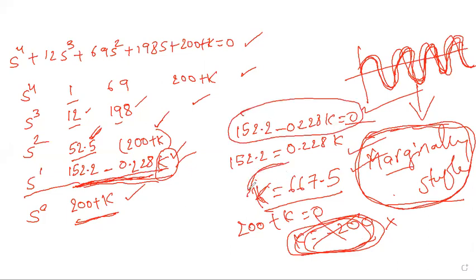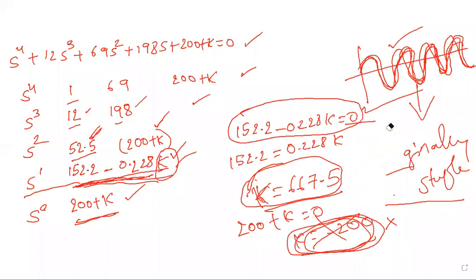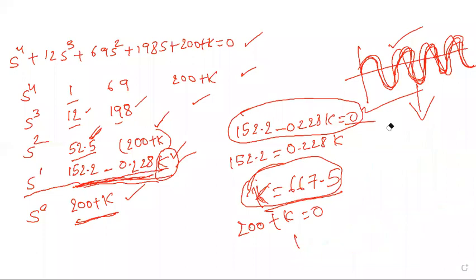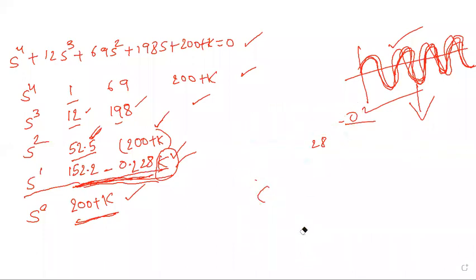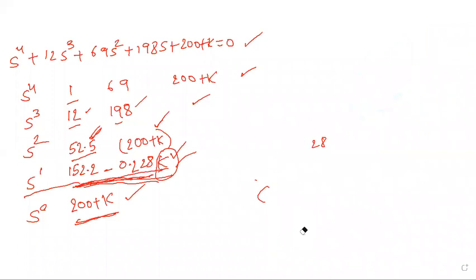So what is the value of k which generates sustained oscillations in the system? 667.5.